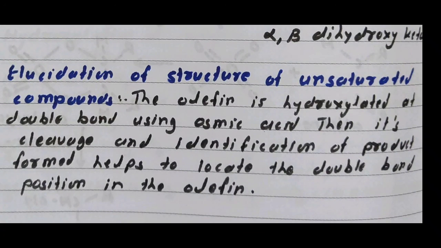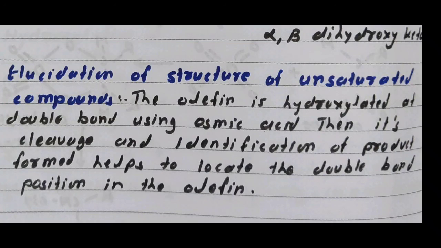Olefin means a carbon-carbon double bond. The olefin is hydroxylated at the double bond using osmic acid. Then its cleavage and identification of the products formed helps to locate the double bond position in the olefin. This is the fourth application, elucidation of structure of unsaturated compounds.